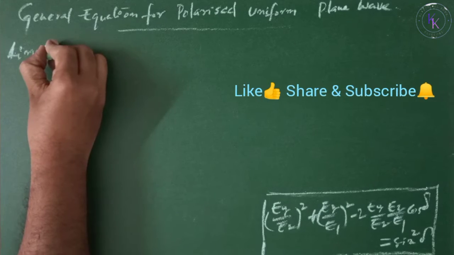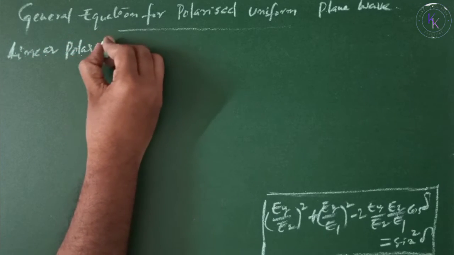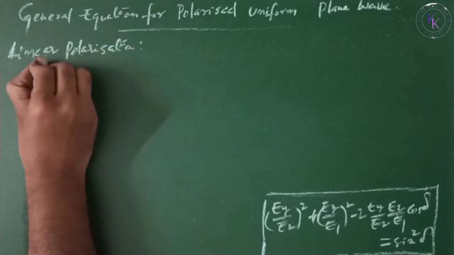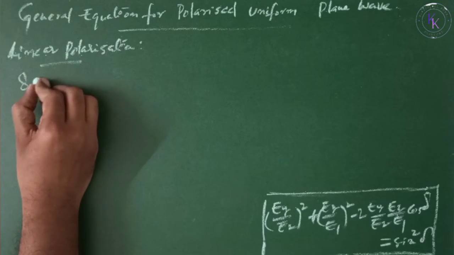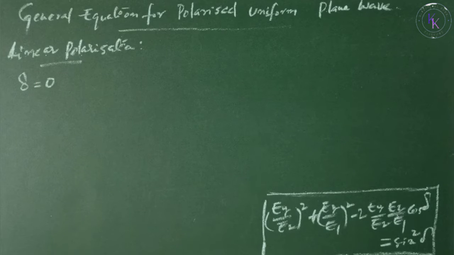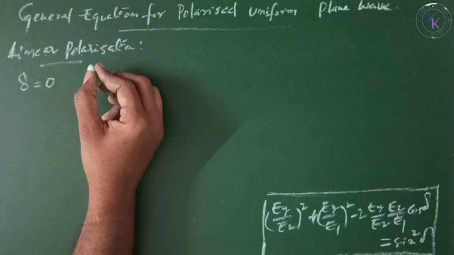And this is the general equation of a wave which is polarized in the x direction, and this can be applied to linear polarization. So the condition for linear polarization is that the phase shift delta must be equal to 0, and E1 and E2 may or may not be equal.